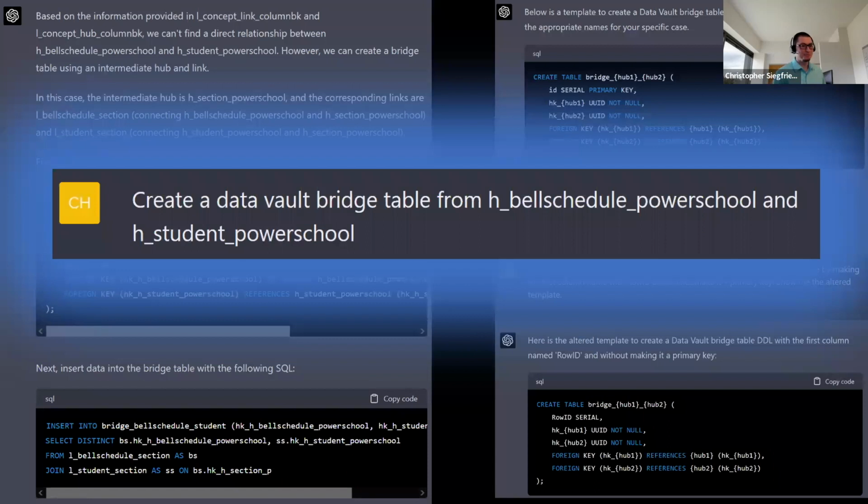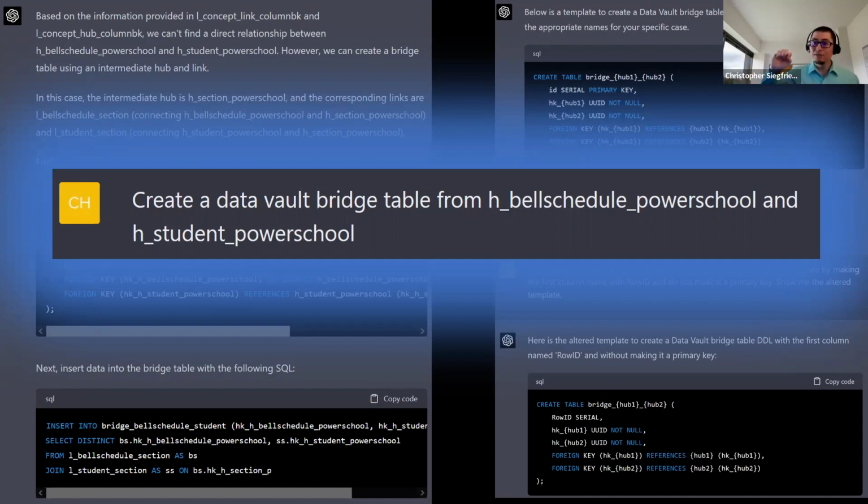Next slide, please. So first one, create a Data Vault bridge table from H Bell Schedule Power School and H Student Power School. Now, I didn't tell it what a bridge table was. GPT-4 is built by scraping the internet, basically, right?